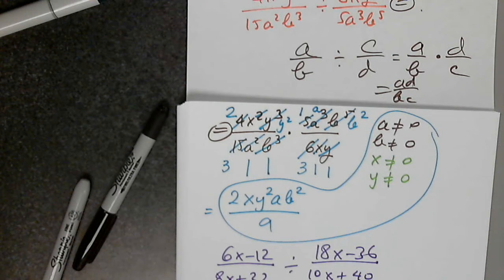So take a moment and work on this. Remember, first of all, you have to completely factor everything. Then you will state restrictions on the division. Then you change it into a product. You state more restrictions, and then simplify the product.